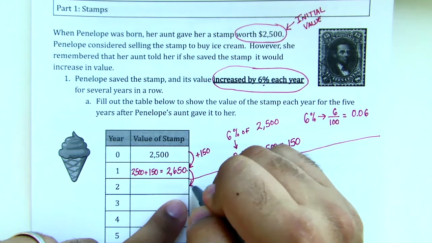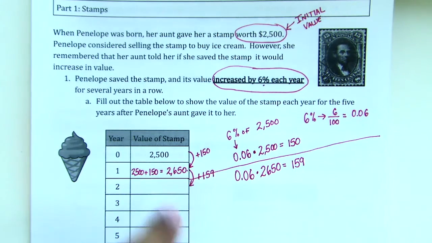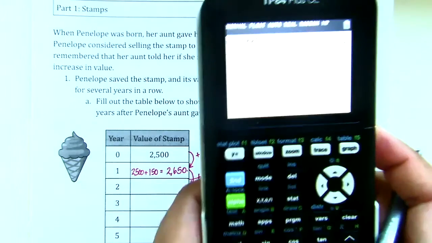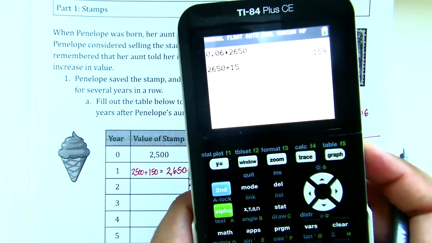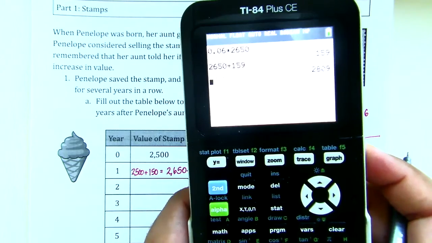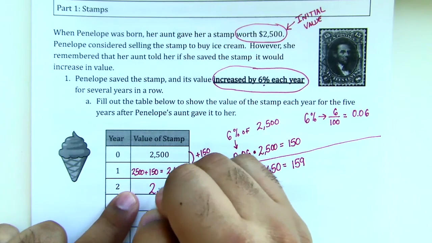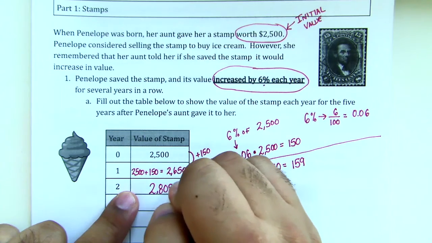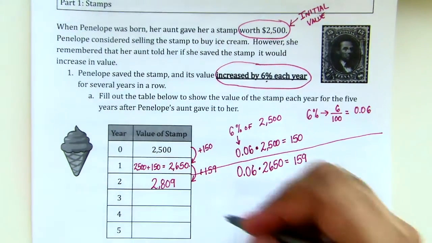This year to this year, we're actually adding 159. So you're gonna find that every year you're adding a little bit more than the previous year. So 2,650 plus 159 gets us 2,809. So this year, now the stamp is worth $2,809.